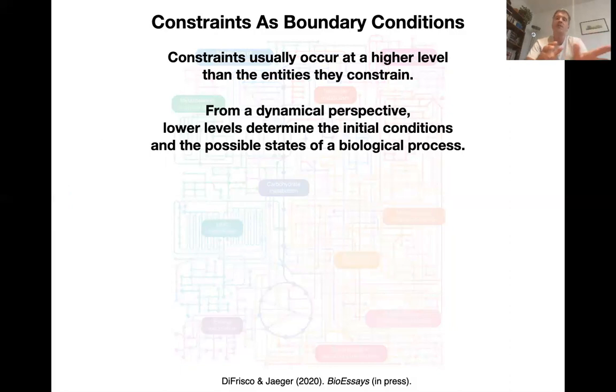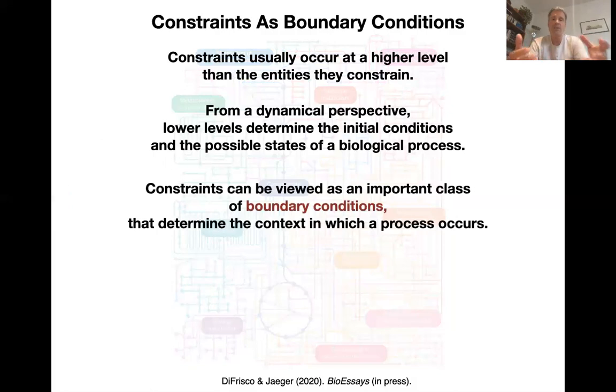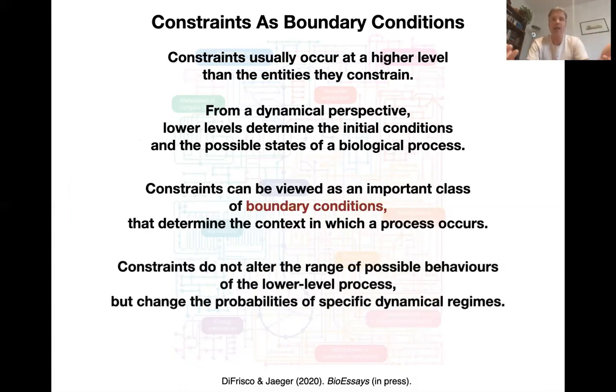So the system has different possible dynamical regimes it can enter, but the constraints provide specific boundary conditions to the system that determine the context in which a process occurs. They don't alter the range of possible behaviors of the lower level processes, but they change the probabilities of specific dynamical regimes occurring in the system.